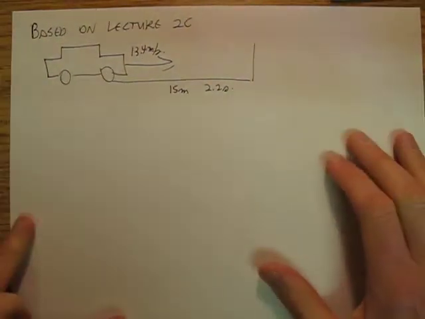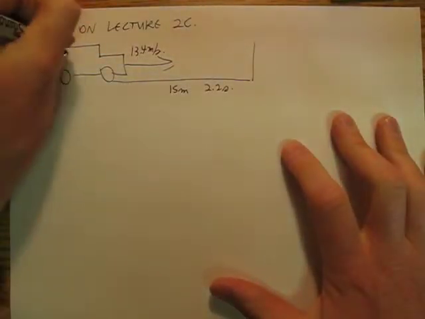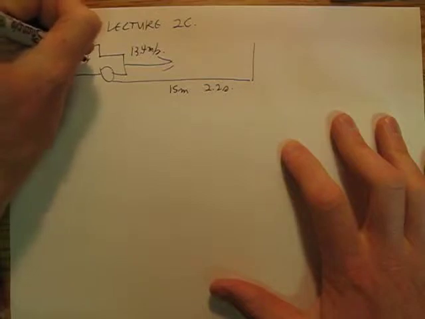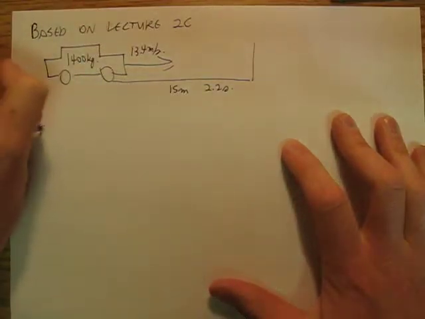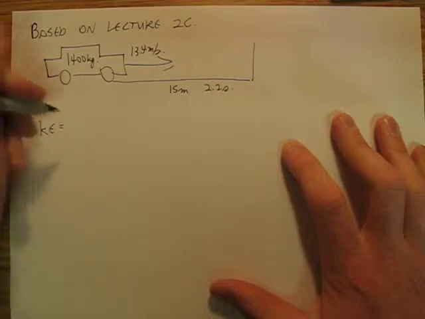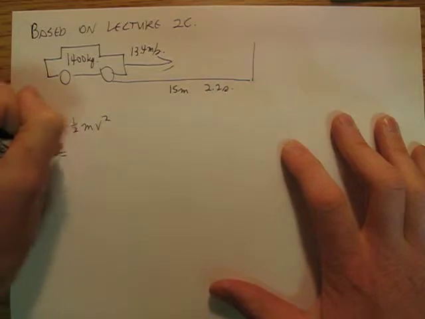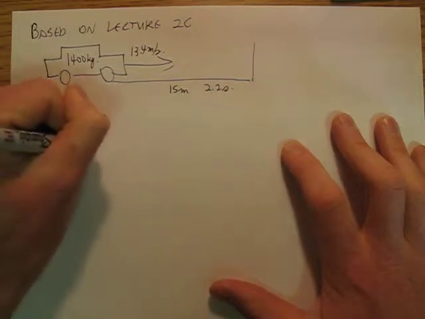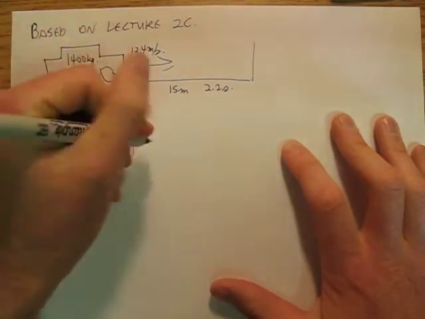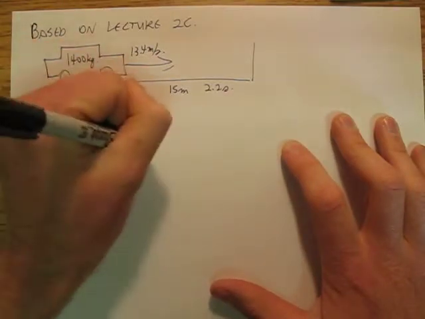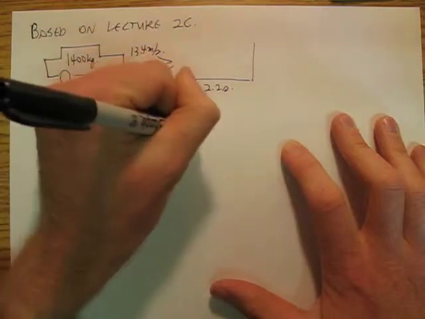Okay, so I'm going to say that, oh, and this was 1,400 kilograms. So my initial kinetic energy was going to be 1/2 times 1,400 kilograms times 13.4 meters per second squared.